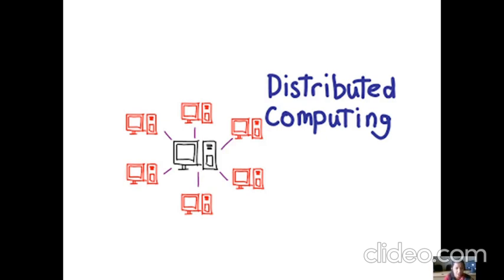A failure in one node will not lead to the failure of the entire distributed system, because the nodes are not connected to each other. If there is a failure in one computer, it will not lead to the failure of the entire distributed system. These are all the advantages.